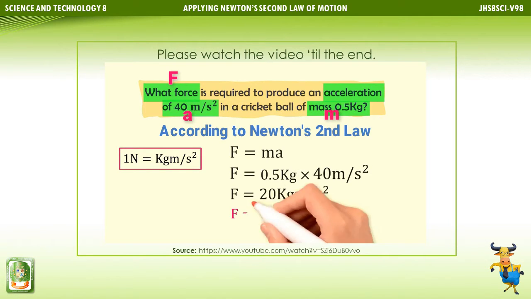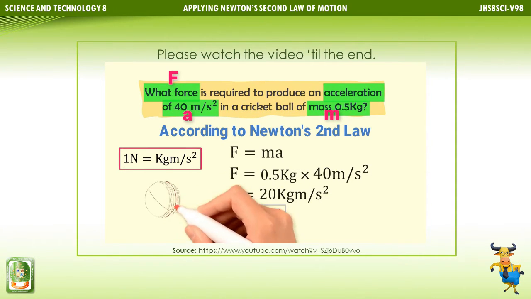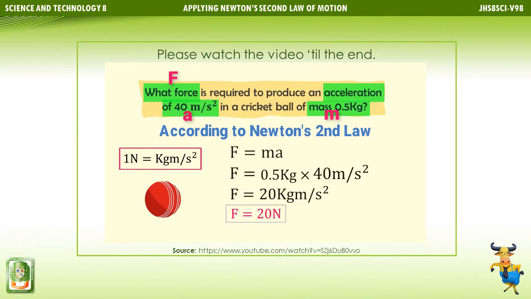Hence, F is equal to 20 Newton. This means if we exert a force F equal to 20 Newton on a cricket ball of mass 0.5 kg, this 20 Newton force will produce 40 meter per second square acceleration.